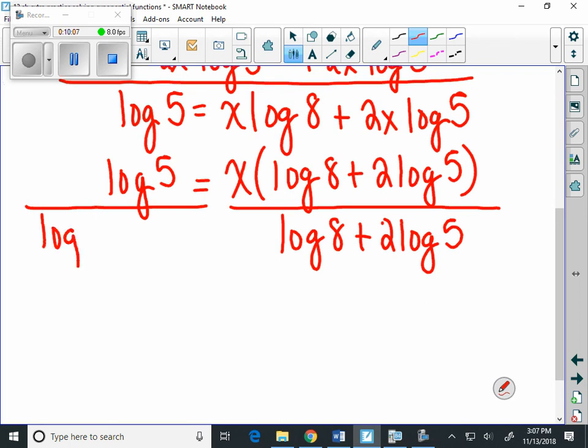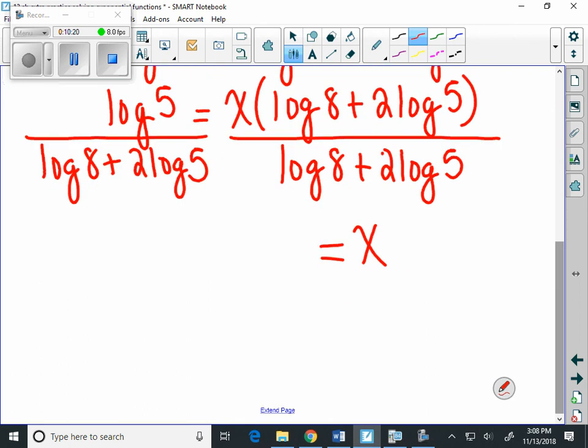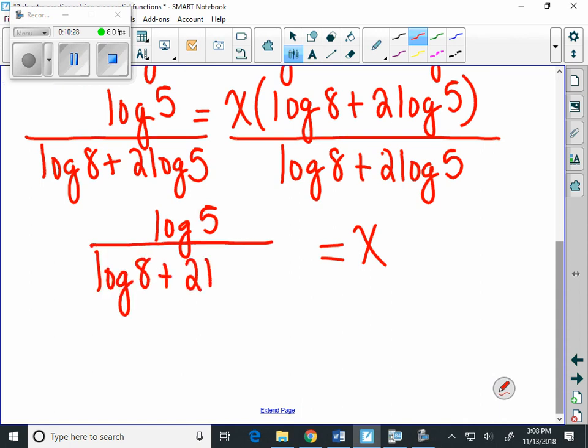Divide by log of 8 plus 2 log of 5. And that ends up to be our exact answer. Log of 5 divided by log of 8 plus 2 log of 5. That's our exact.